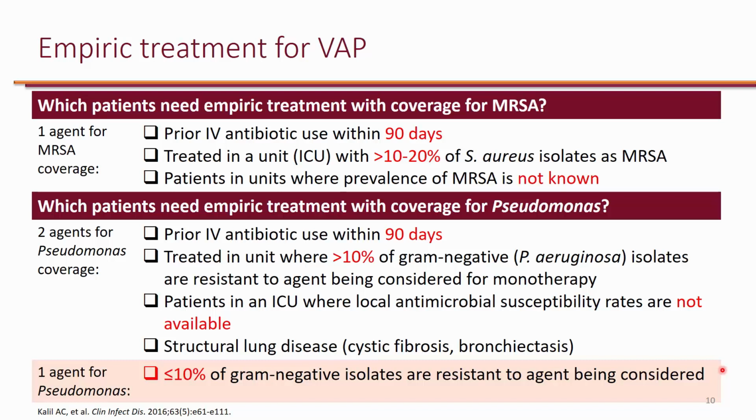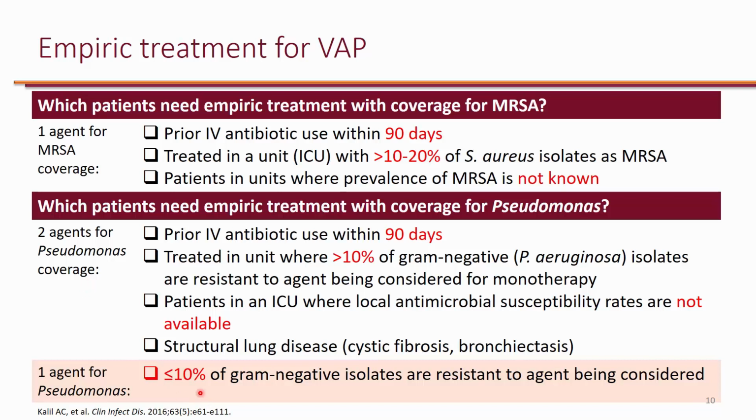In other words, the resistance rate is more than 10%. Or if the rate of susceptibility on the antibiogram is not available, or if the patient has a structural lung disease such as cystic fibrosis. So these patients need to receive 2 agents that are active against Pseudomonas empirically until we get susceptibility results back.